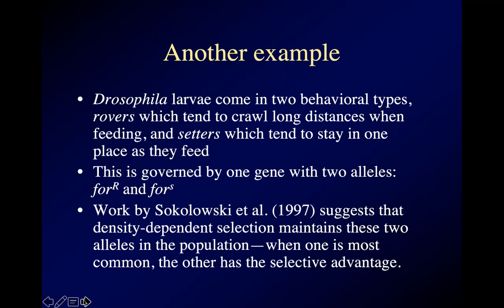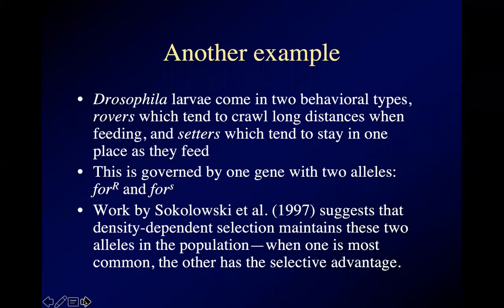And neither one is permanently favored in the population, but what keeps both alleles in the population seems to be density-dependent selection. If you're a setter, there's an advantage in that you're not spending a great deal of metabolic energy traveling. You're just staying right where you are and eating, and you're not burning a lot of calories, so you grow faster.